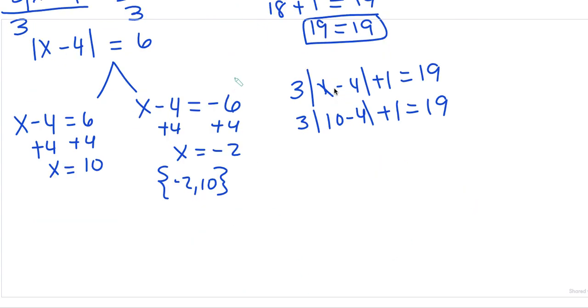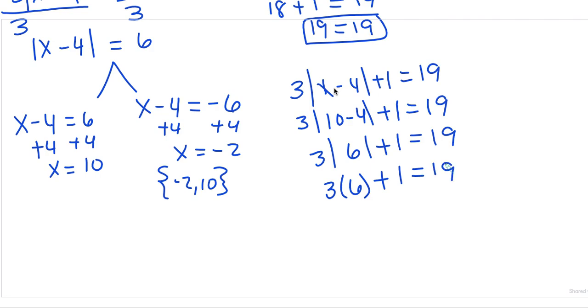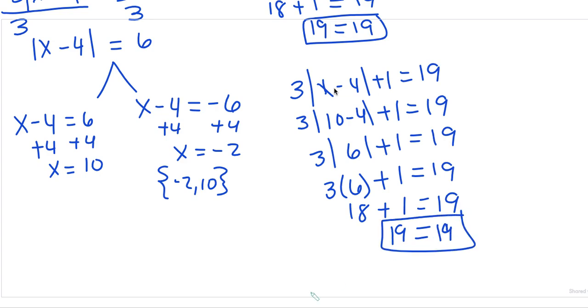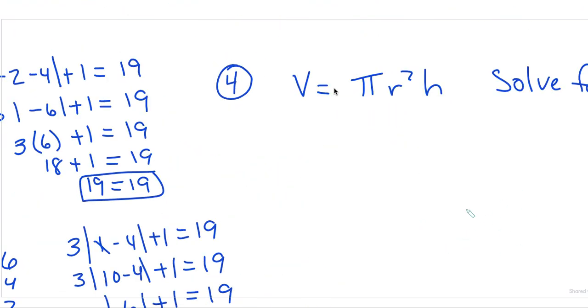Continuing to do PEMDAS, 3 times the absolute value of positive 6 plus 1 is equal to 19. Absolute value of positive 6 is 6, so 3 times 6 plus 1 is equal to 19. 18 plus 1 is equal to 19. 19 equals 19, so we know our two values, negative 2 and 10, are correct.